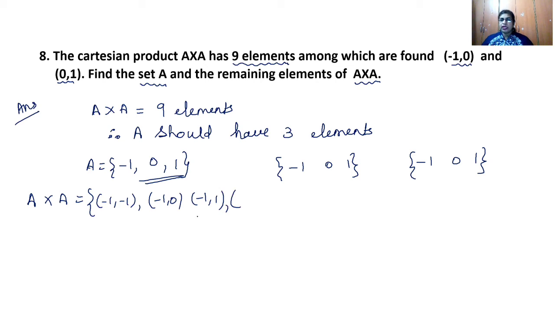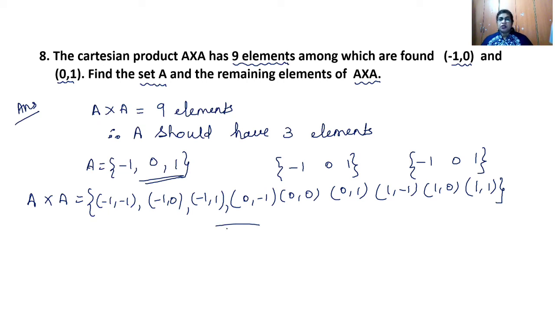Next, 0, -1; 0, 0; 0, 1. Next, 1, -1; 1, 0; 1, 1. Count to check whether we have got the 9 ordered pairs: 1, 2, 3, 4, 5, 6, 7, 8 and 9. So this is my answer for A cross A.